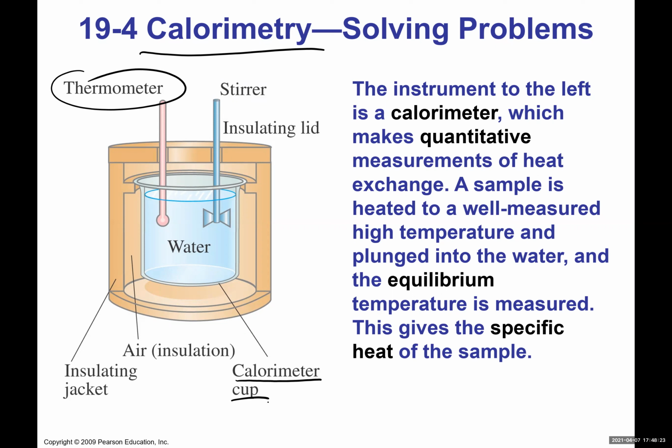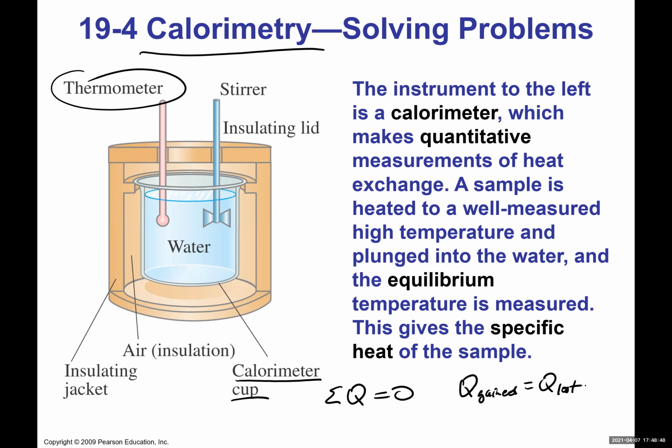If you initially start with water a little bit warmer than the cup itself, then net energy exchange is going to be zero in your system, which means the heat gained will be equal to the heat lost.